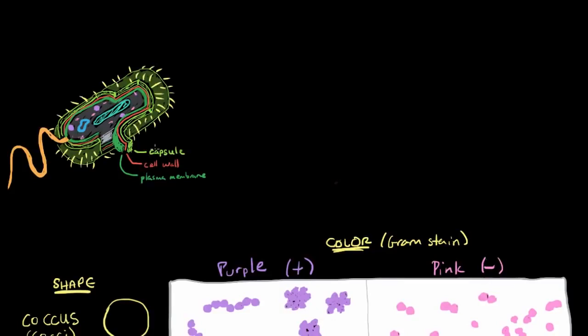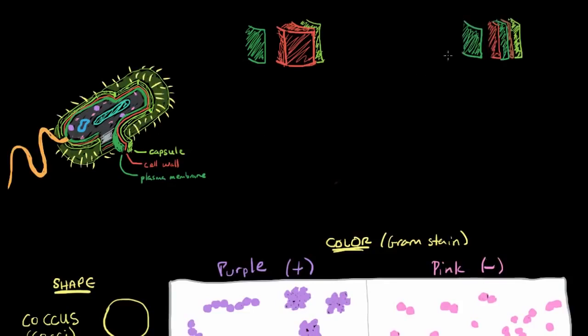So even though right here it says capsule, cell wall, and plasma membrane, you'll see in a minute that these layers are really different between gram-positive or gram-negative bacteria, which is shown here actually. So think of this as a zoomed in version of this peeled off bit. It does have the plasma membrane layer, a really thick cell wall layer, and a capsule layer.